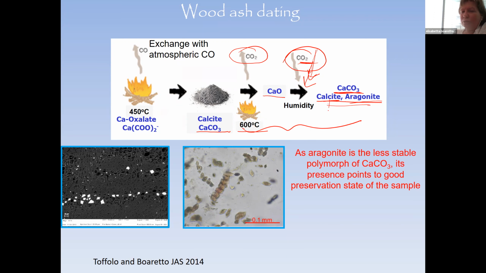The difference between these two minerals, both are calcium carbonate, but they are different in their crystalline structure. Very small difference is in the disposition of the atoms. And aragonite is less stable than the calcite. So normally it's very difficult to find aragonite in archaeology, but if it is found, unless it is a shell or biogenic aragonite, then it means that the carbonate material should be well preserved in the site.